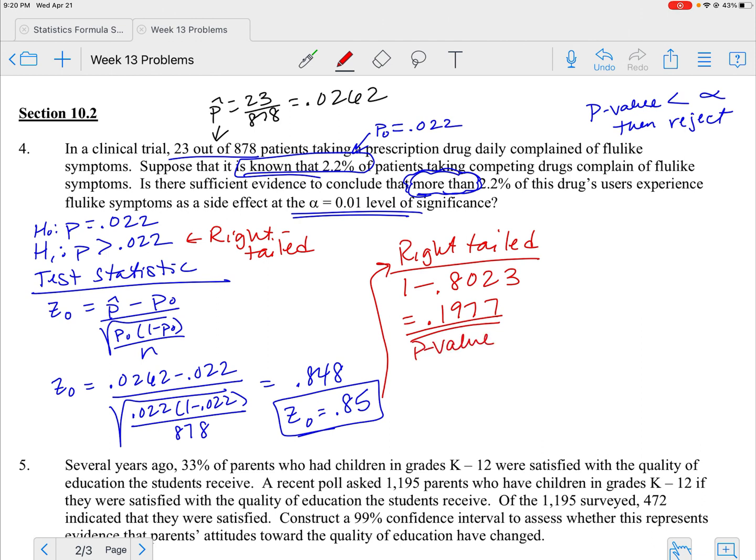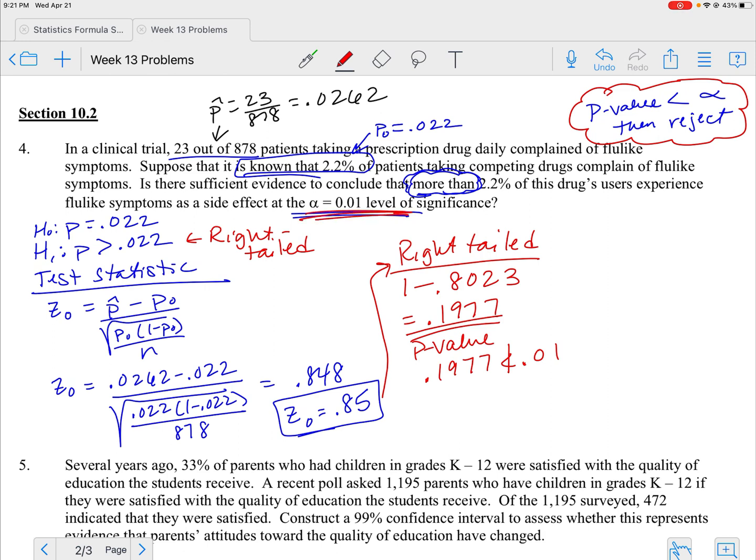Now remember, how we pull this off is my p-value has to be less than my level of significance in order to reject this. So make the comparison. Is 0.1977 less than 0.01? No. Because that is not less, my p-value is not less than my level of significance.